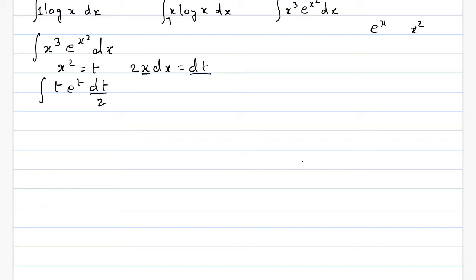Now we can use our integration by parts. So 1 by 2 outside, we will say t is going to be our u. So integration of e raised to t dt minus integration of differentiation of t, integration of e raised to t dt, another dt.